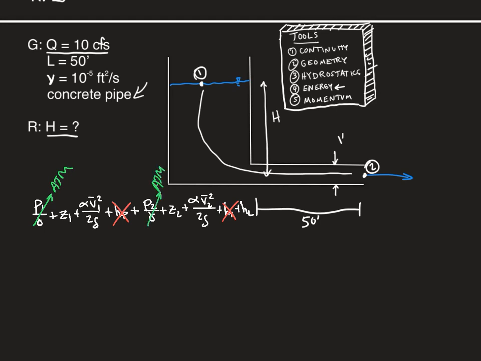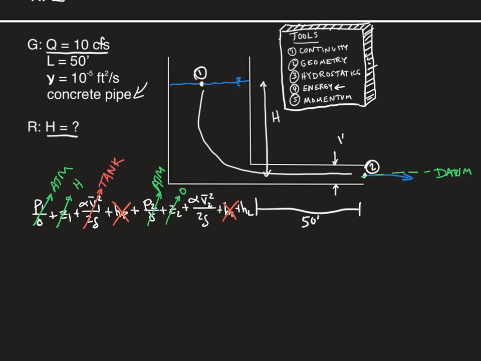If I make this our datum, then Z1 is H, and Z2 is 0 because it's at the datum. And then V1 we're going to make 0 because of the tank or the Tahoe assumption.